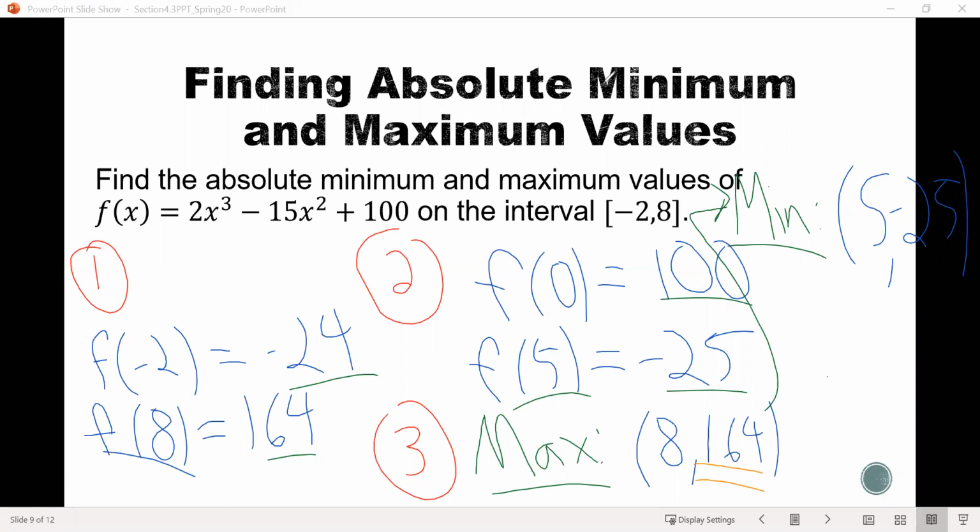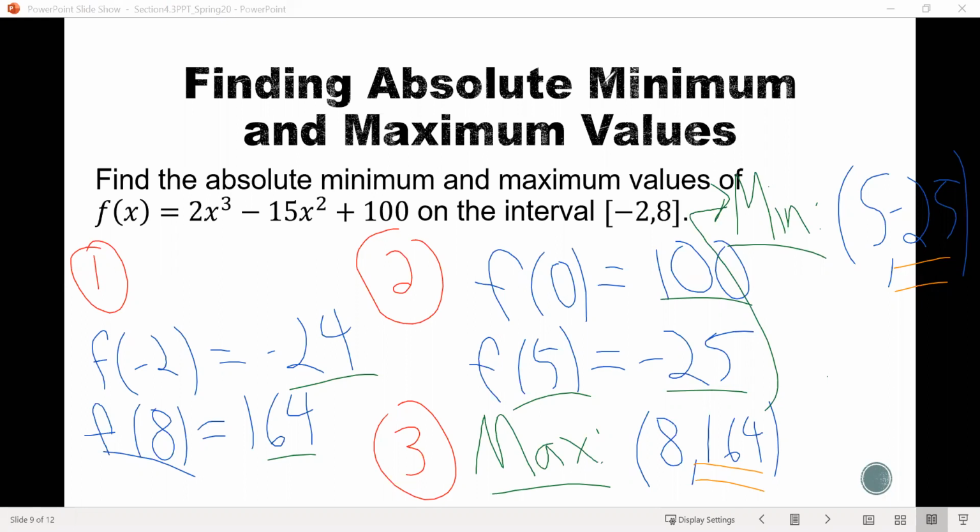Because that's the output value, so that's the maximum value of the function on this interval. Similarly, we said that the minimum happens at the point 5, negative 25, but the minimum value of the function over this interval then is negative 25, because that's going to be the lowest value that the outputs reach over this interval.